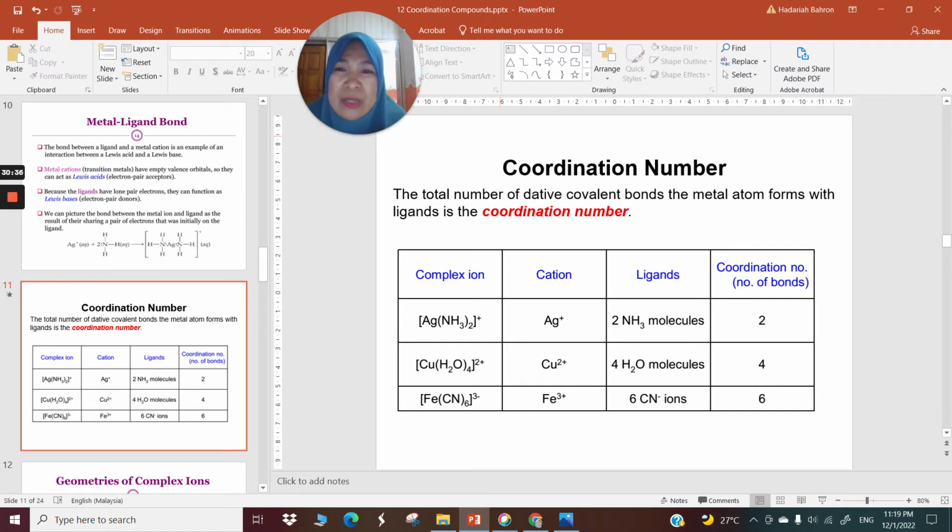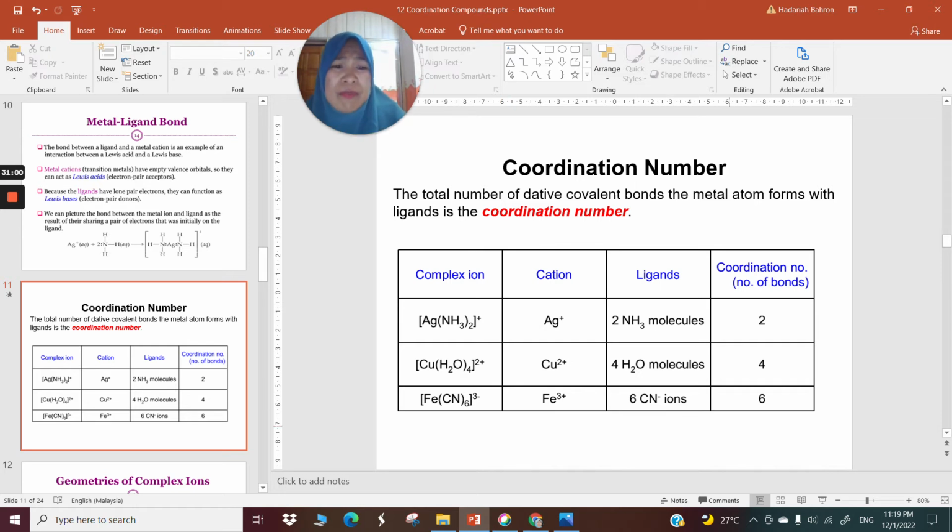The coordination number of the metal is defined as how many donor atoms have bonded to that metal. If there are two donor atoms bonded to the metal, you say that the coordination number of that metal is 2. If there are 3, you say coordination number of 3. If there are 4, similarly, coordination number of 4. If 6, coordination number of 6.